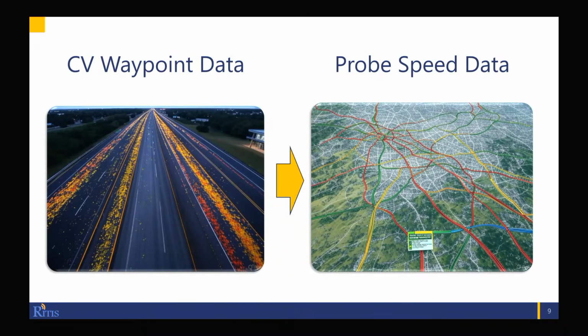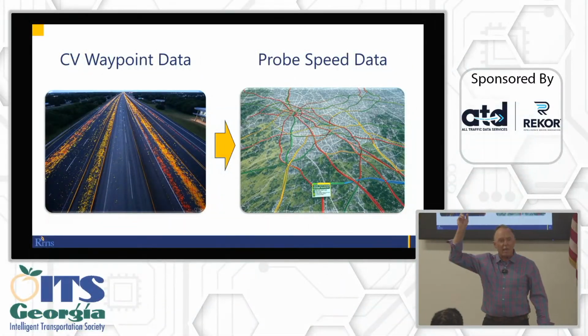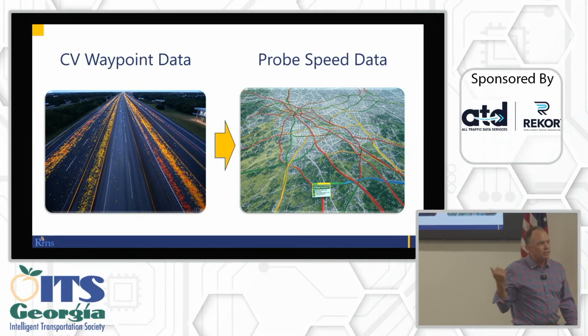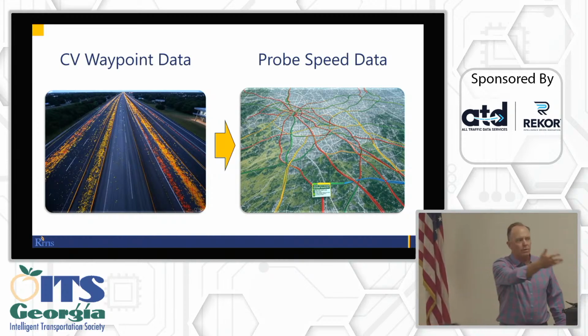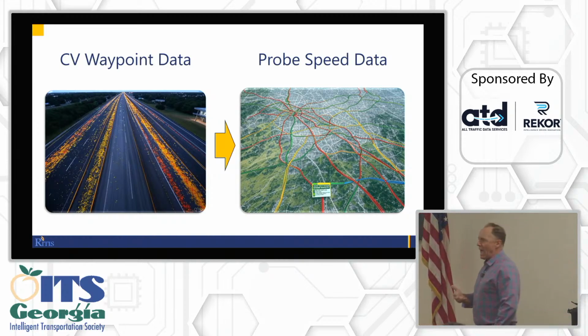So here's that slide that in my first presentation, I said that at midnight I changed it because I was going, wait a minute, that's a slide for probe speed data. I had to change my slide for trip analytics because it's waypoint-based data. So here's probe speed data. Those underlying waypoints, you still have waypoint data that's coming from onboard GPS or location-based services, mobile apps.